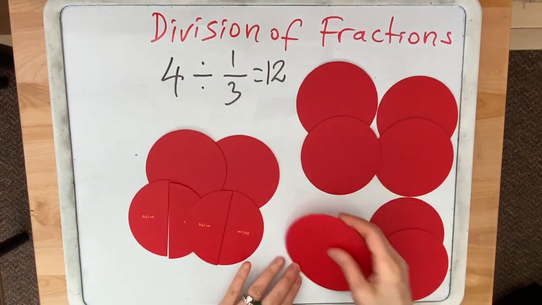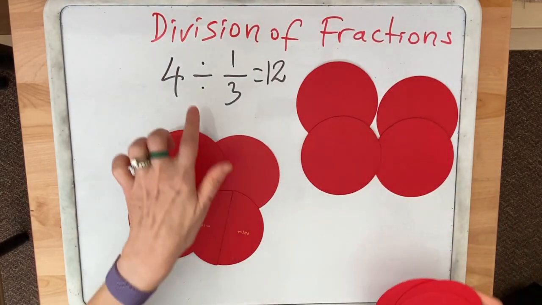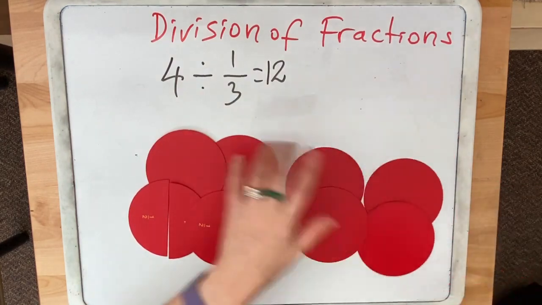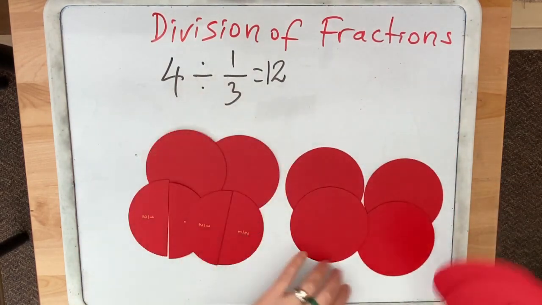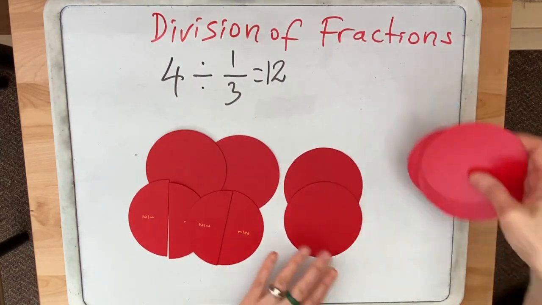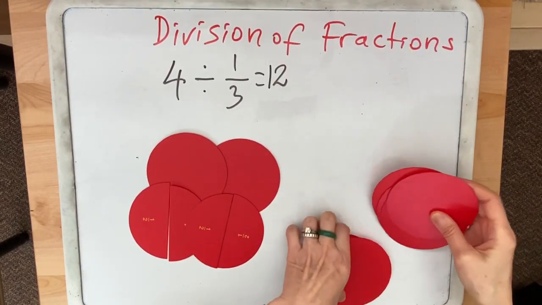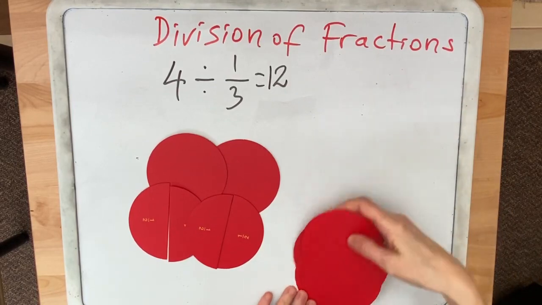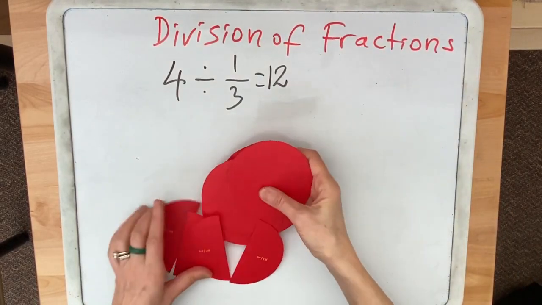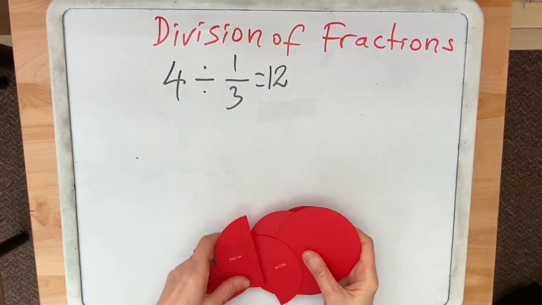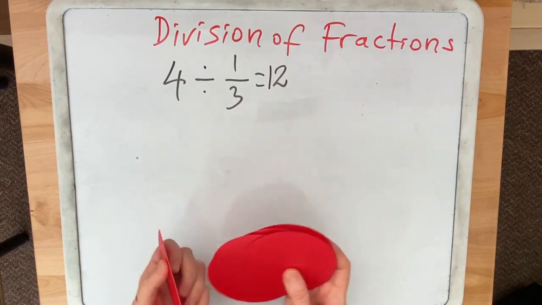So you may notice something over here, that a division with fractions is actually a multiplication with fractions. So it is really multiplying rather than dividing when you involve fractions.